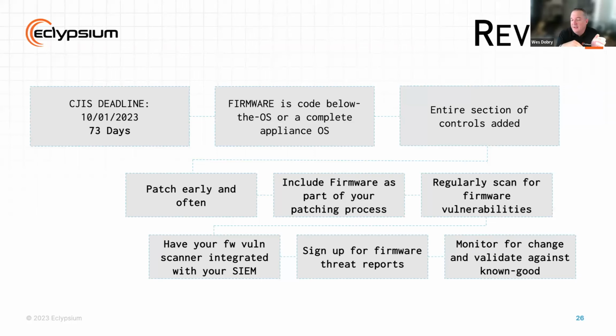Now we need to be looking at firmware, and that firmware again takes the definition that this also applies for things like networking equipment. This also means that we need to have our scanner or whatever we're using to find these vulnerabilities integrated with our SIEM and SOAR and notification processes, as well as our incident management processes to understand exactly what's happening, make sure everyone is communicated appropriately.